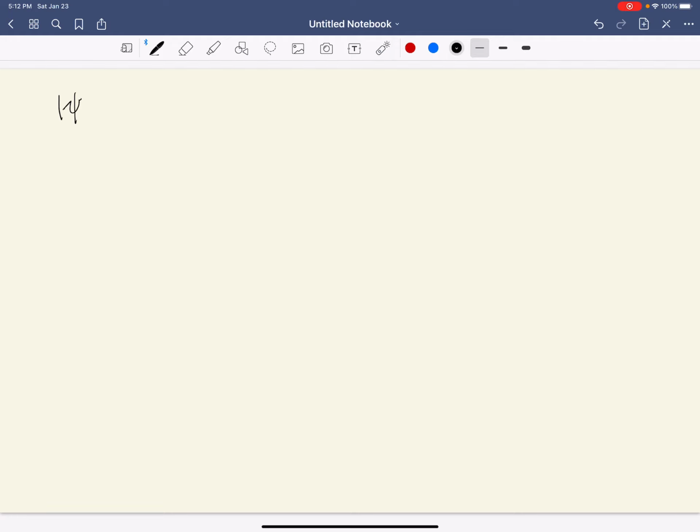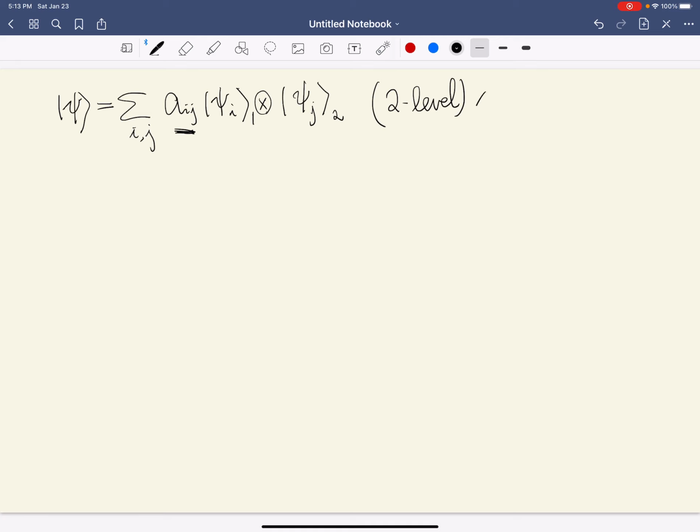So we're going to go back to the earlier expression for the many-body state expressed in this manner, psi i for the first particle, and then psi j for the second particle. And these mixing coefficients can be just about anything. So if each particle is within some kind of two-level system, then the whole thing is a direct product of a two-level times two-level system.